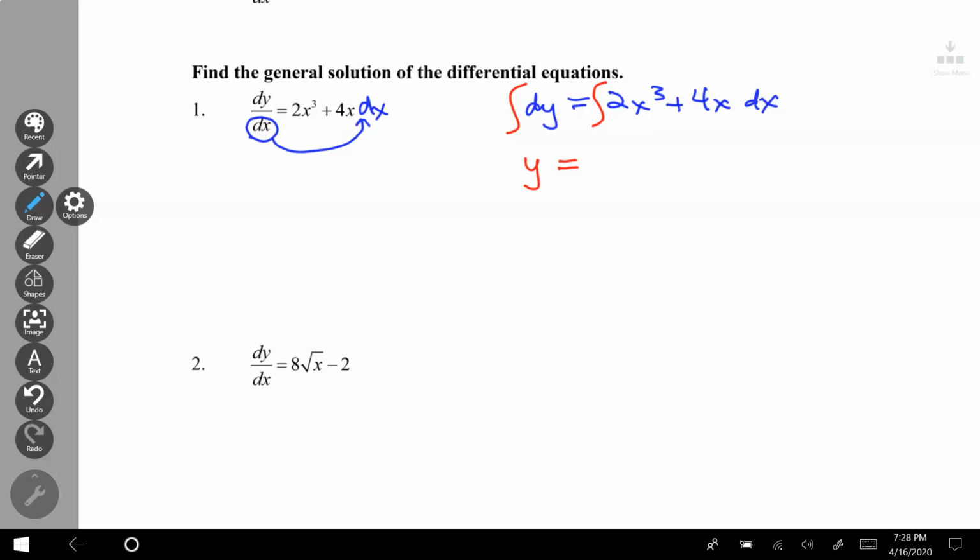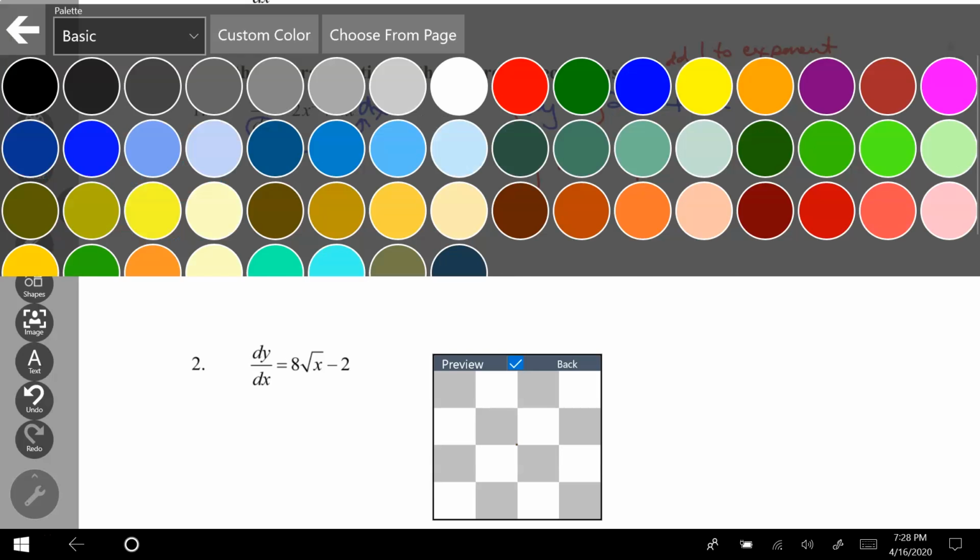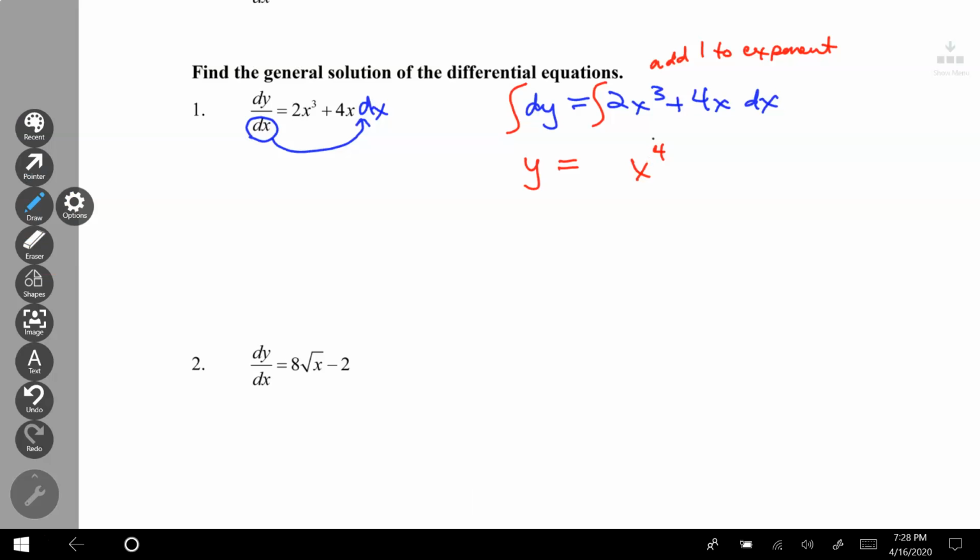and remember when we take antiderivative, we add 1 to the exponent. So that's going to be x to the 4th, and then I use that reciprocal. So the reciprocal of that is 1/4 times this number 2 here. I get 1/2.